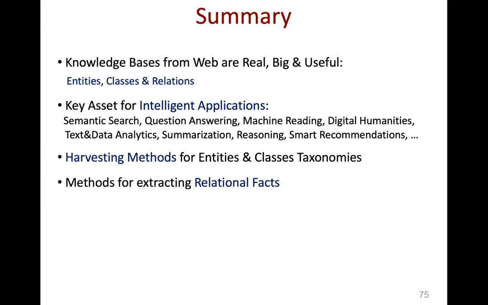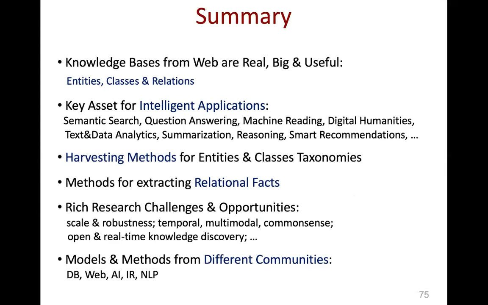As well, we can combine harvesting methods and methods of inferring knowledge to extract relationship facts. And then based on these data banks that we build automatically, we can solve loads of applications in search, in question answering, and many other things. And you can see that key technological vendors nowadays, like Google and Facebook, all have their own knowledge graphs built.